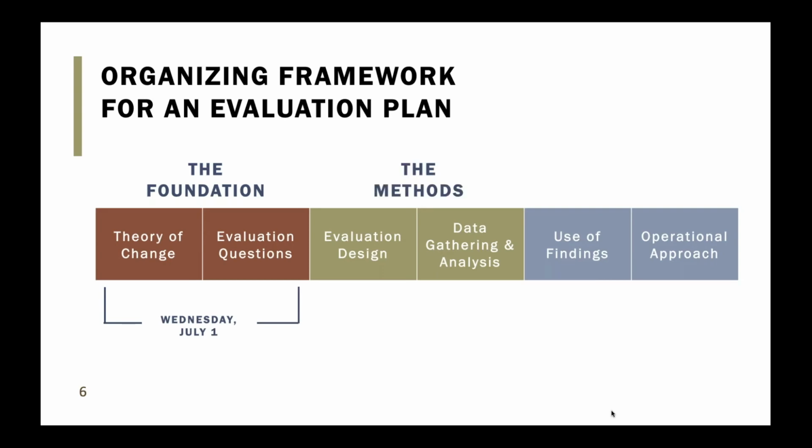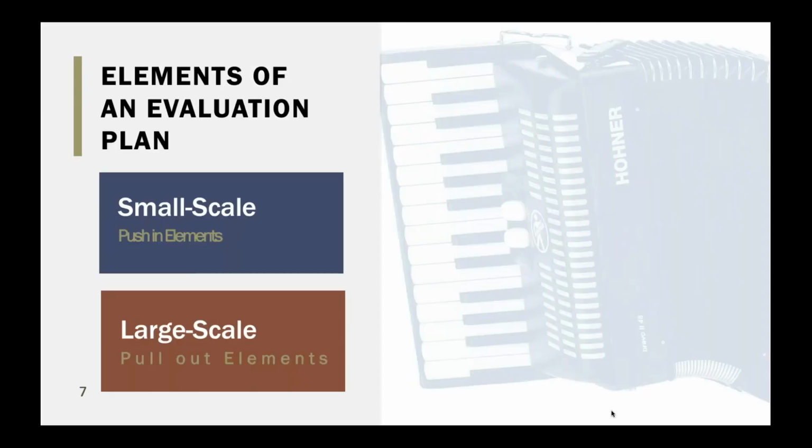The next 2 that we focused on the last webinar is focused on evaluation design, data gathering, and analysis. And then in this final piece, the finale, we're going to focus in on use of findings as well as the operational approach.